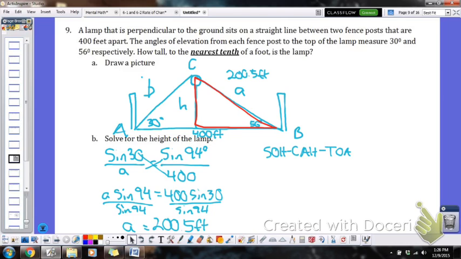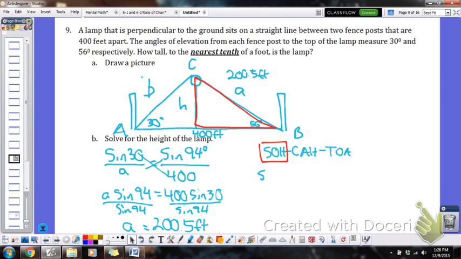In respect to 56 degrees, a is the hypotenuse and h is the opposite. So since I know the hypotenuse and I'm looking for the opposite, I'm going to use sine, because sine is opposite over hypotenuse.